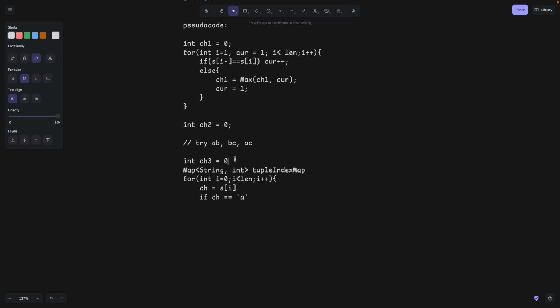Instead of this, we keep a count for A, B, and C. Initially, it will be 0 for all of them.